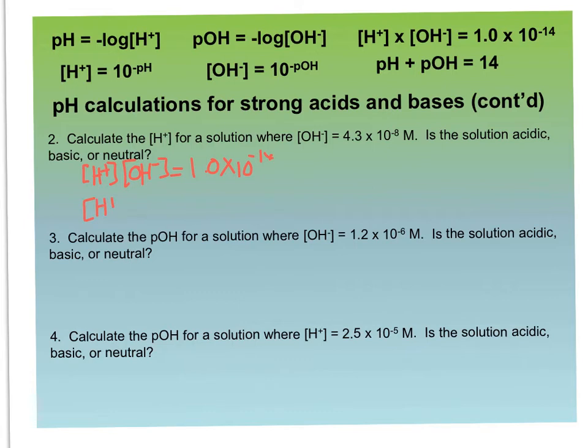The H+ concentration times 4.3 times 10 to the negative 8th is equal to 1.0 times 10 to the negative 14. Now, at this point, you would want to plug that into your calculator, take this number, divide by that number. However, you should always have an idea about what the number should be.